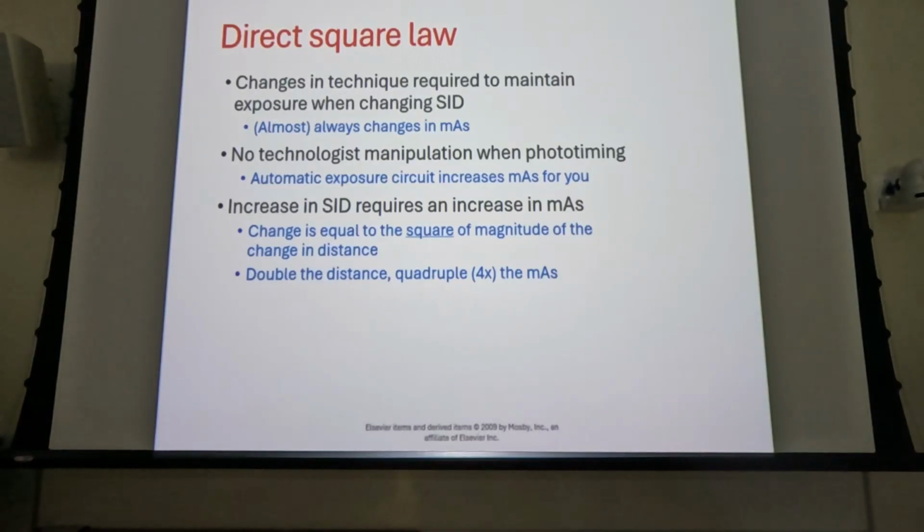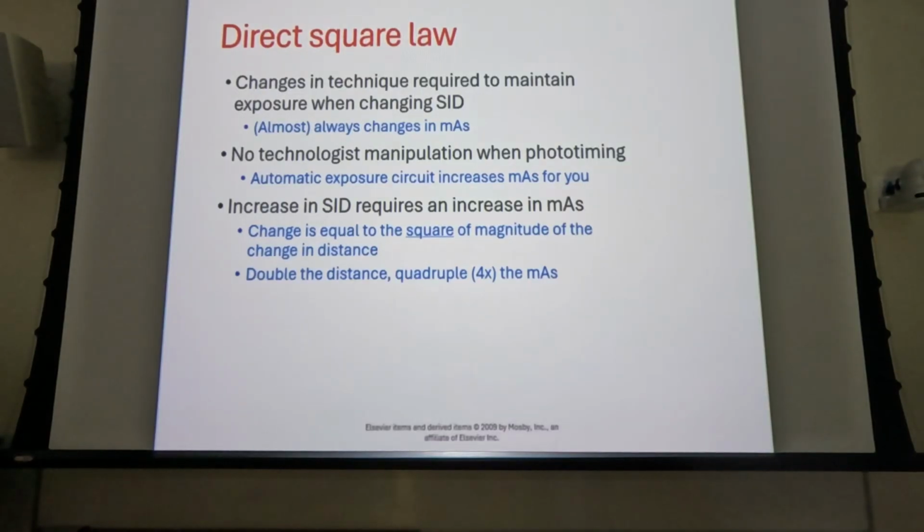It's the same law, it's just kind of flipped around. How you spot those questions on a test is: your technique at 40 inches was blah. How much mass do you need if you change your SID to 72 inches? You need to multiply it by 3.24. So if I gave you 2 mAs at 40 inches, all you would do is multiply 2 times 3.24.